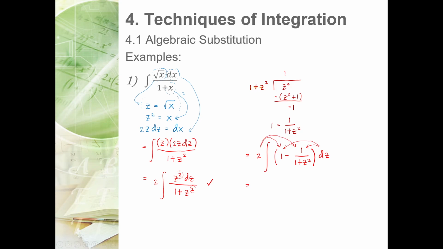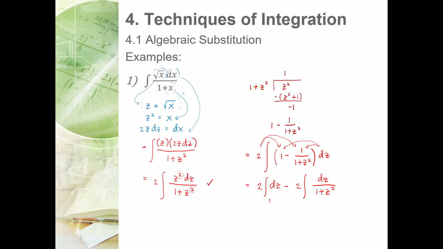The purpose of separating this is for you to see two expressions. So 2 integral of dz and then minus 2 integral of dz all over 1 plus z squared.